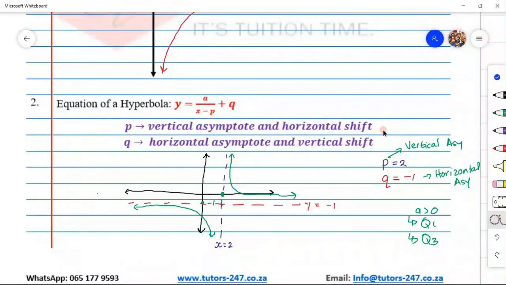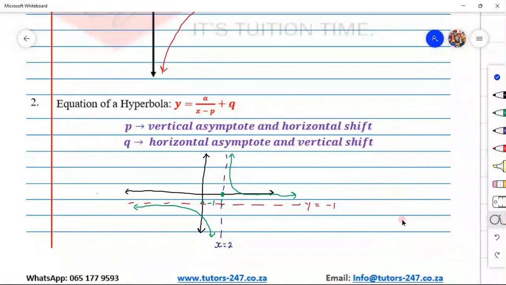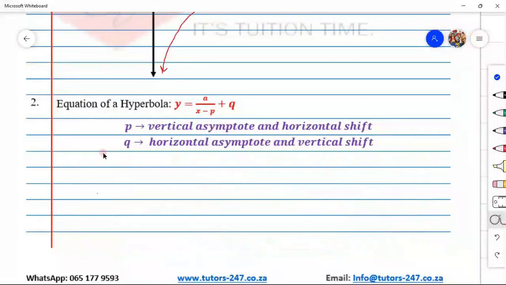Now, a different representation of our asymptotes P and Q could be extracting them from the equation that is given. So, for example, if we are given the equation y equals 1 over x minus 2, plus 3. Now, we need to extract our P and Q values.